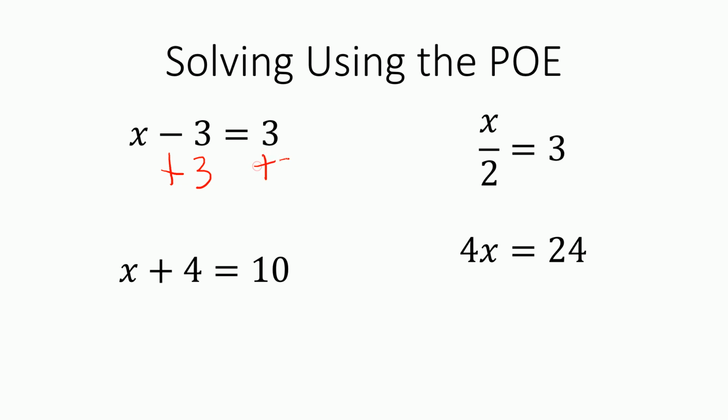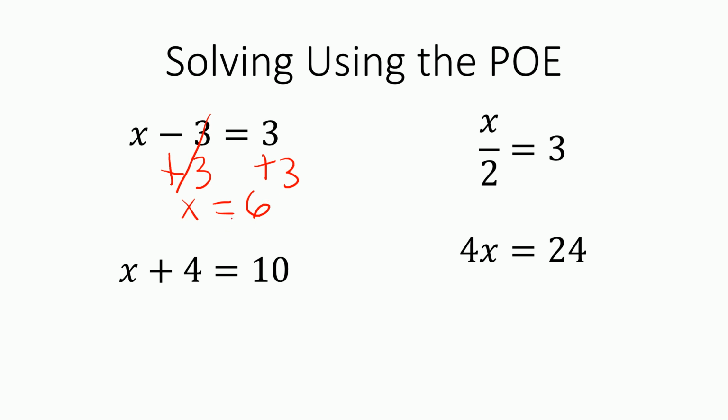And remember, the properties of equality say we have to add to both sides of that equal sign. So when I add -3 and +3, those cancel out, and that leaves x all by itself on the left. 3 plus 3 is 6. So the value that makes this equation true is x equals 6, because 6 minus 3 equals 3.